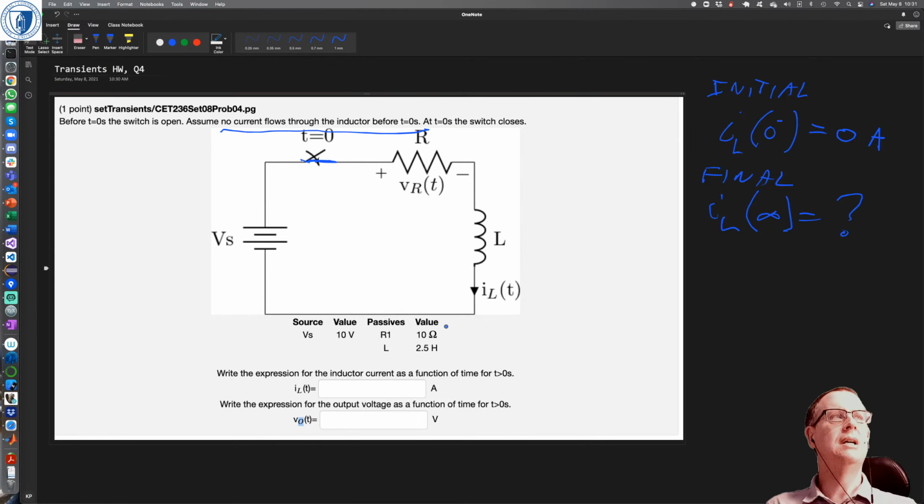There's no time varying voltages here, at least not on the longer term. There is in the transient phase between time 0 and time 5 tau. Remember, 5 tau is the long time. That's the time it takes for a transient to get within 1% of its final value.